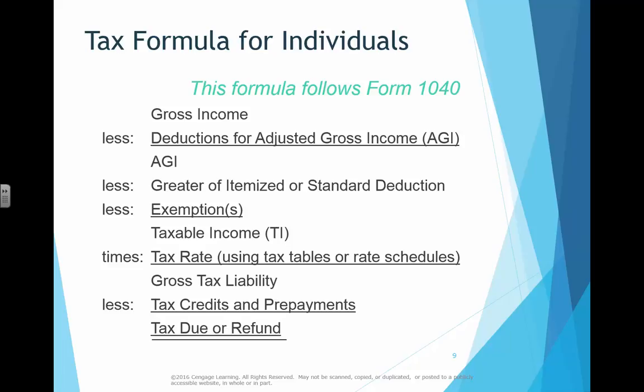Okay, so less itemized or standard, less exemptions. Well, where's that? That's line 42. Let's go back to the inside flap and see if we can figure out how much each exemption buys us. And that is at the bottom of the section on standard deductions.